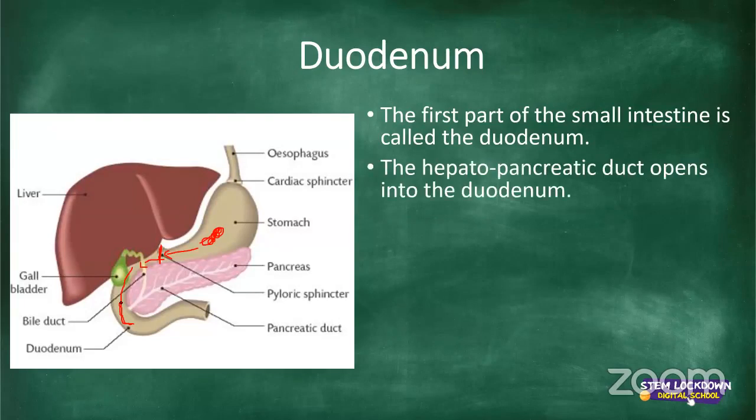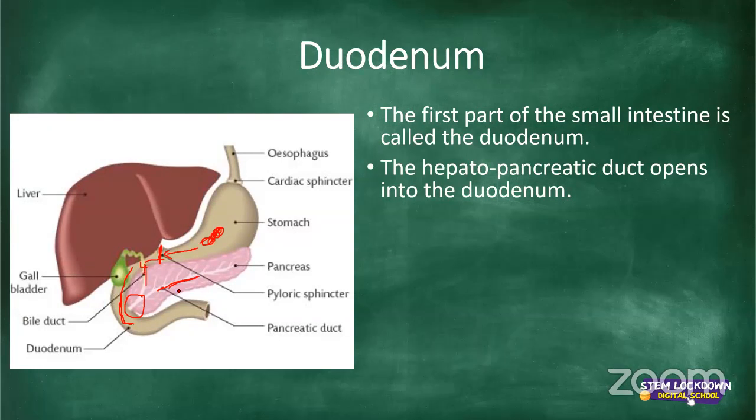Okay. What we also have in the duodenum is what we call the hepatopancreatic duct, and that is shown by this here. This is your hepatopancreatic duct, which opens up into your duodenum. So what is the hepatopancreatic duct? Basically, this is where you have your pancreatic duct and your common bile duct.